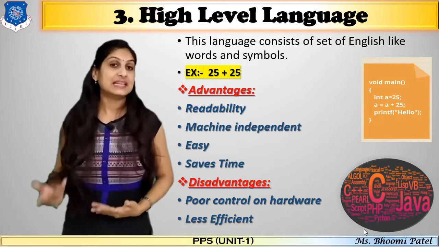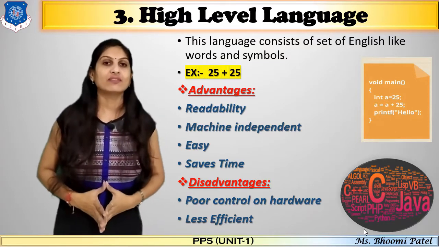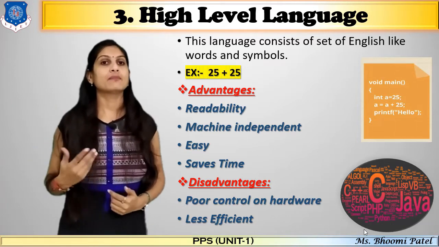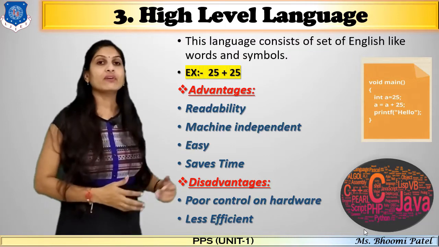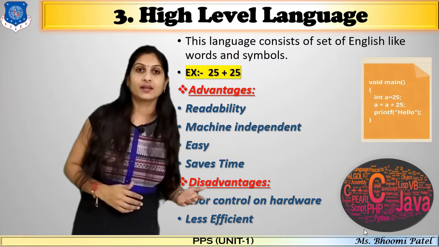Now we have C language, C++, Java. These kinds of languages are nothing but high level languages in which we are making our programs. Now the second advantage is what? It is machine independent.